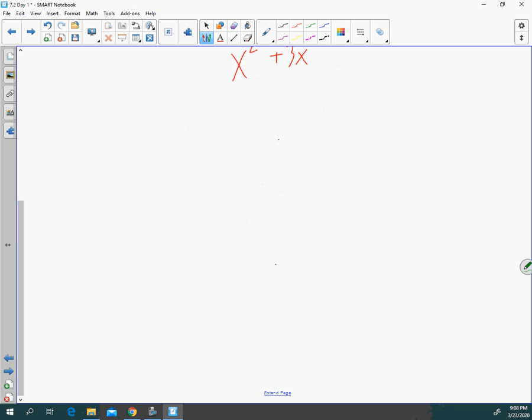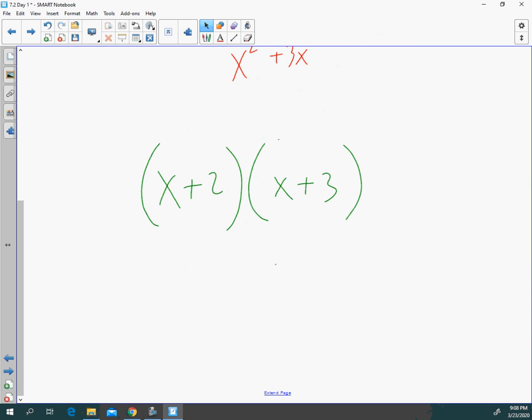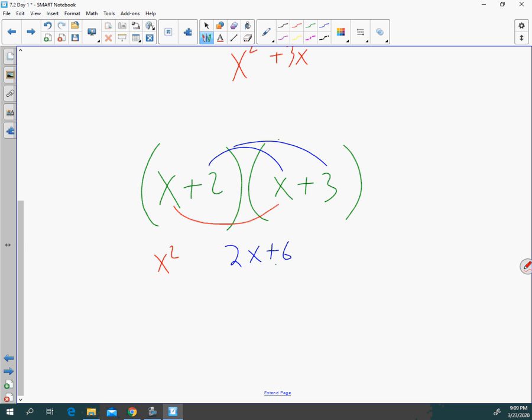It's now going to look like this: x plus 2 times x plus 3. No biggie, right? You already did the 2x plus 6. And you already did the x squared plus 3x. Those are the answers that you just wrote down.